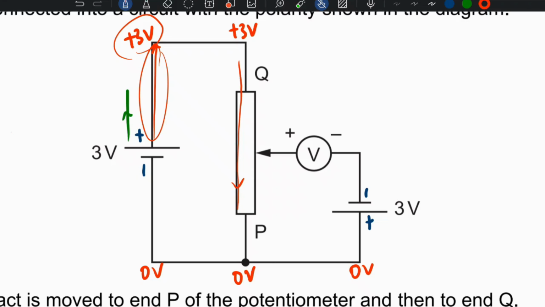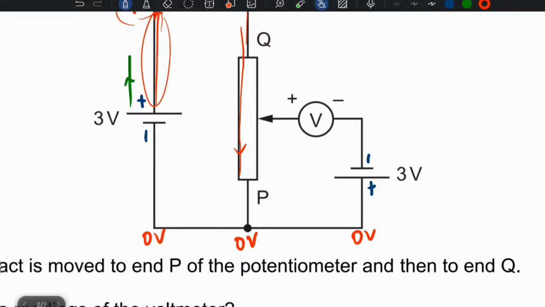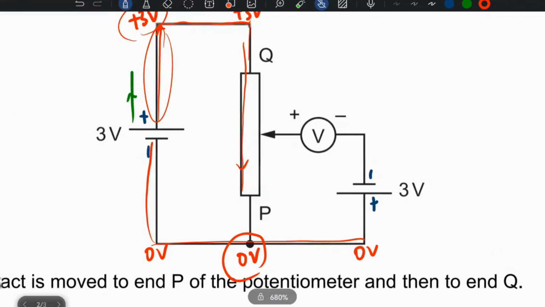So, positive 3 volts, and anything in the same line of wire is still positive 3 volts. Then you pass through the potentiometer, it's going to use up the 3 volts and you're left with nothing anymore, which is just 0 volts. Anything in the same line of wire is going to give you 0 volts as well. Then go back and the current will just flow.